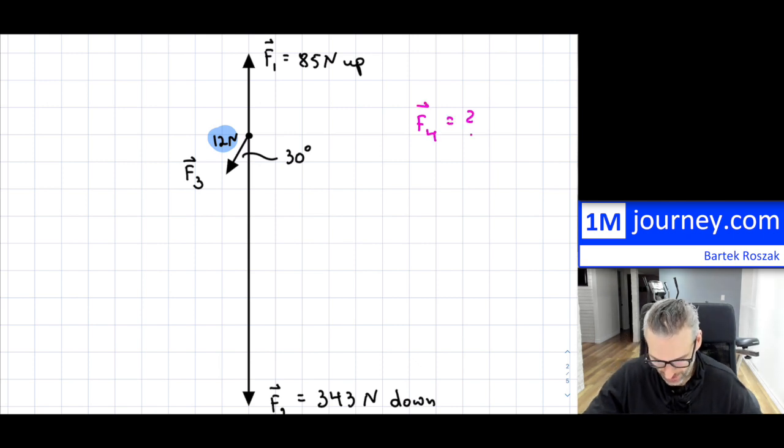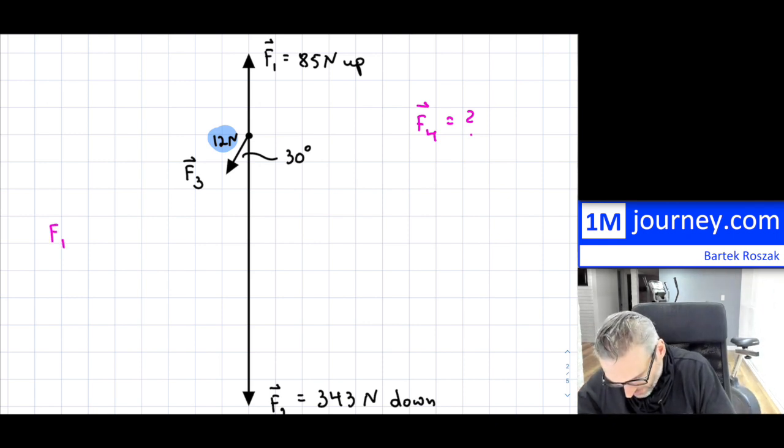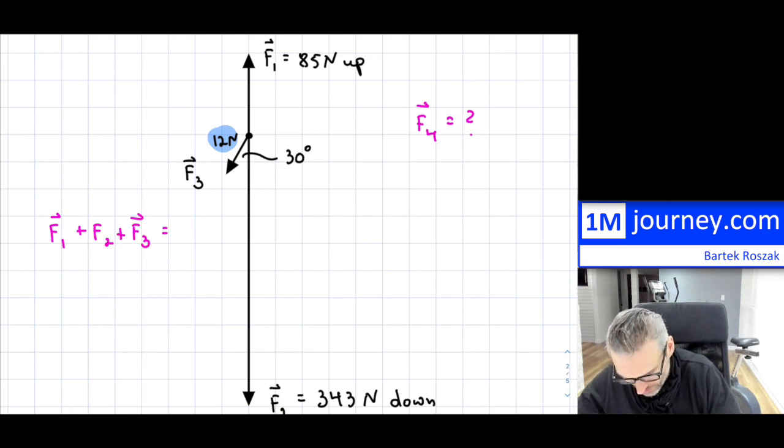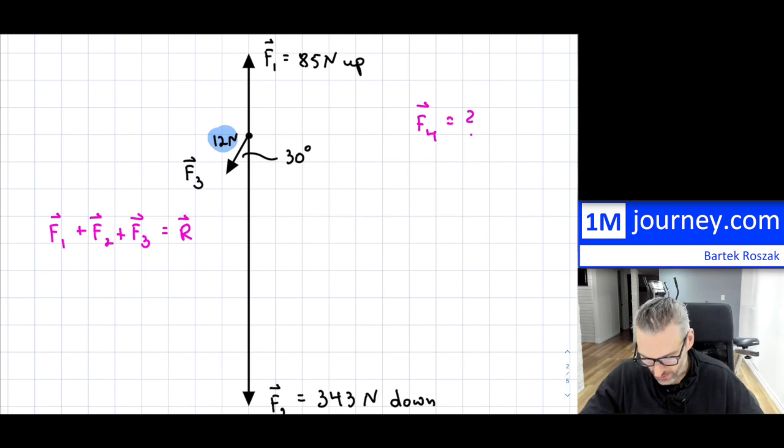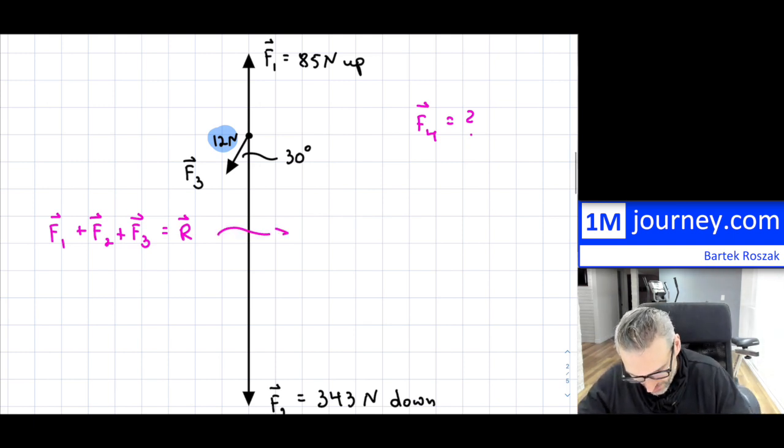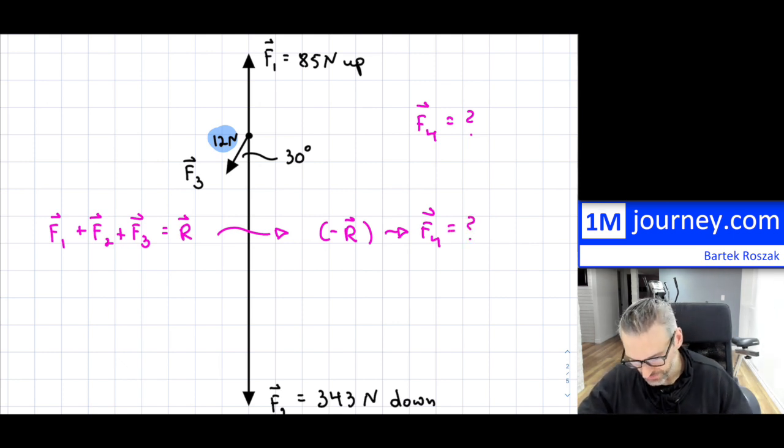I can do F1 plus F2 plus F3 to give me the resultant force. We want the opposite of this resultant force, and that's going to be equal to our F4, with its angle and magnitude.